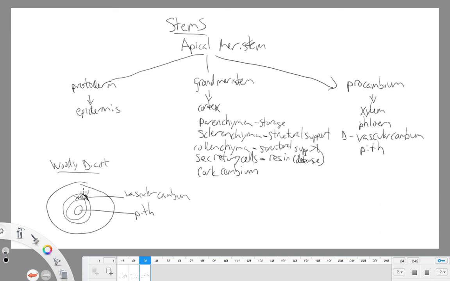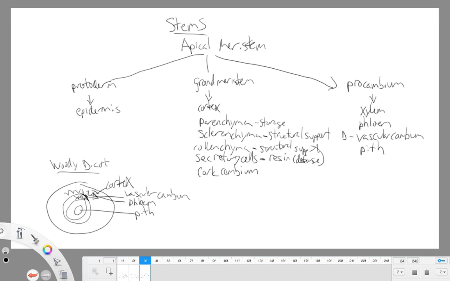And out here, kind of wavy like that, is new phloem tissue. There will be a strip that goes all the way around here. That is the cortex.